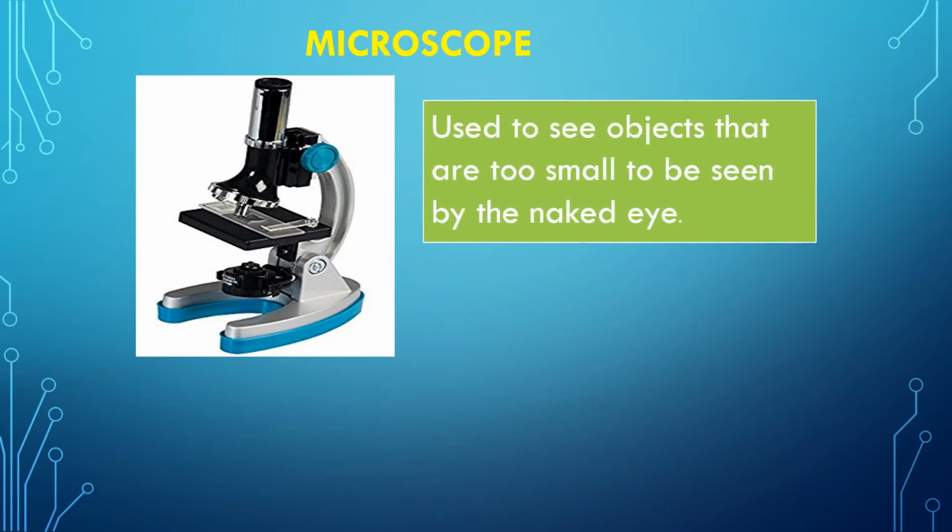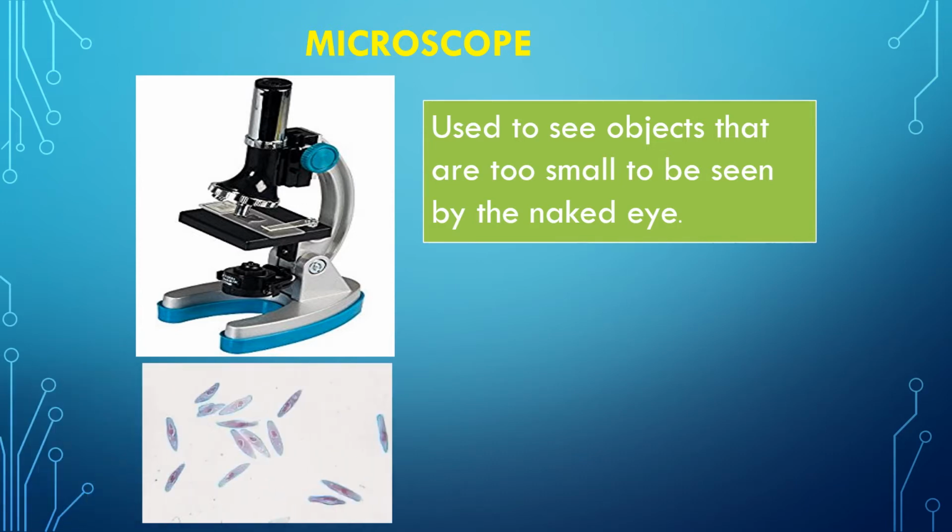It is used to see objects that are too small to be seen by the naked eye. Now, what are some examples of microorganisms that we cannot see with our eyes? We have paramecium. What else? Euglena. What else? Bacteria. So we need the microscope. We need to focus in the microscope so that we can see. We have also the coronavirus. We need to use the microscope.